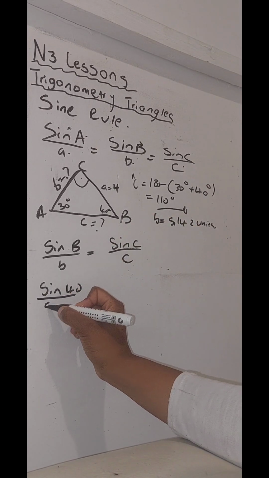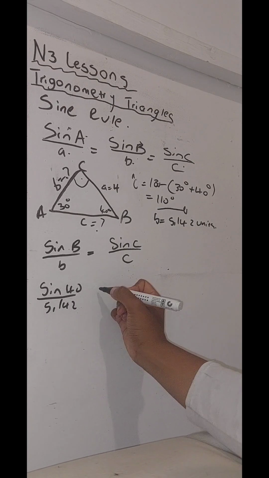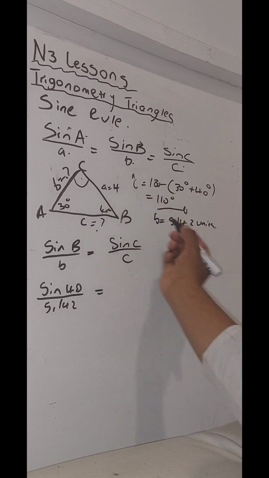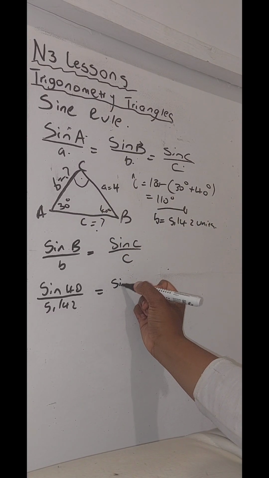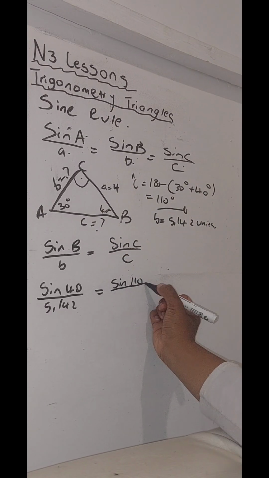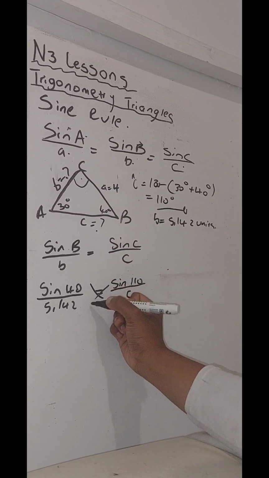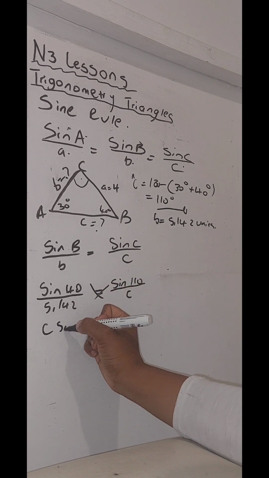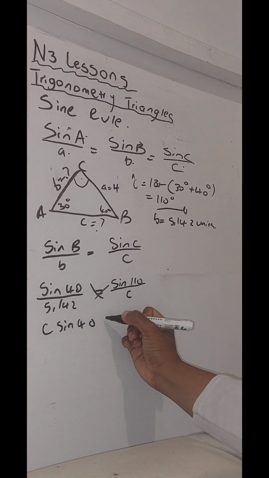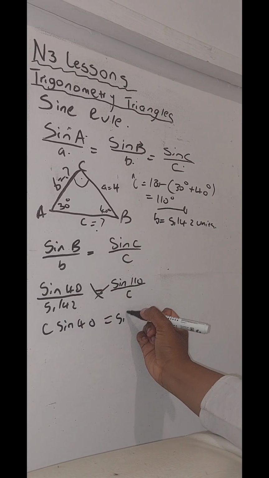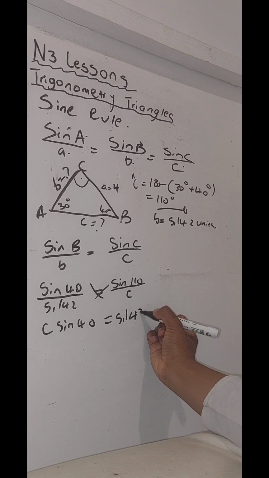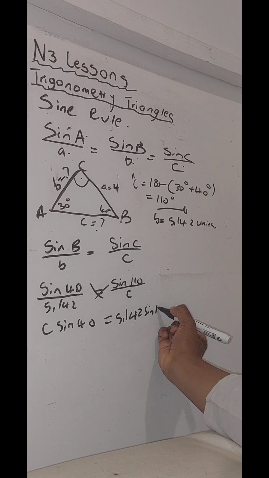We just found it to be 5.142, is equal to sine C over C. What is angle C? We got it to be 110. Sine 110 over C. We are looking for C. We don't know it. Cross multiply. C sine 40 is equal to 5.142 sine 110.